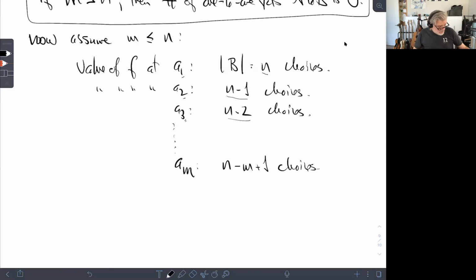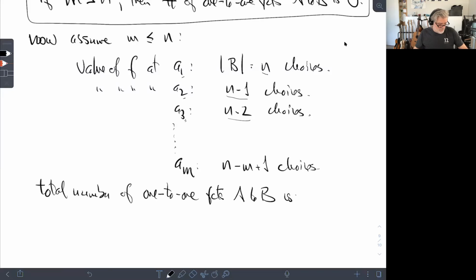Okay, so it means that the total number of such one-to-one functions is the product of these. So it is n times n minus 1 times n minus 2, right up to n minus m plus 1.